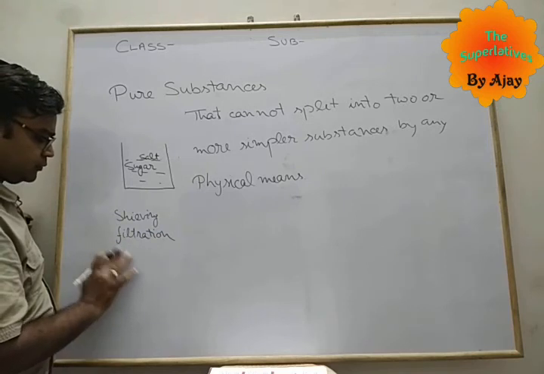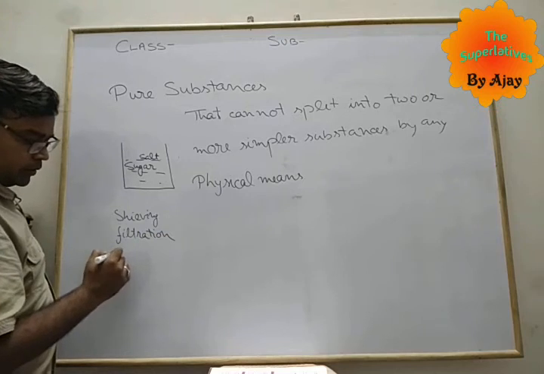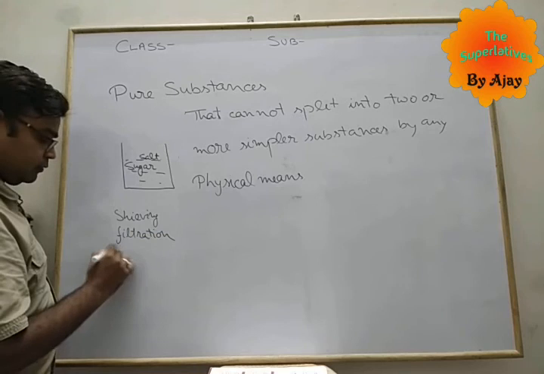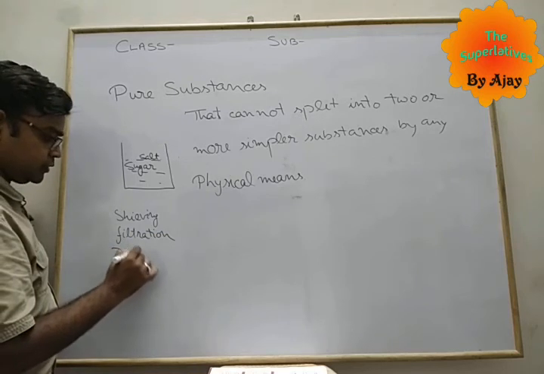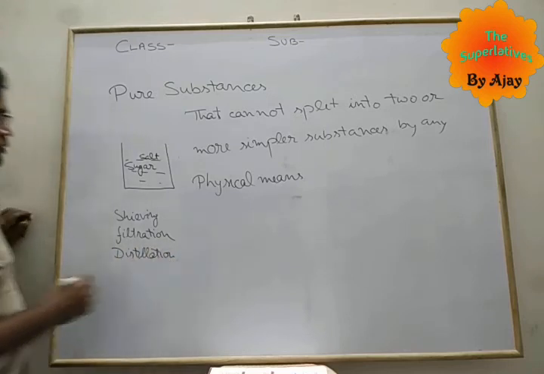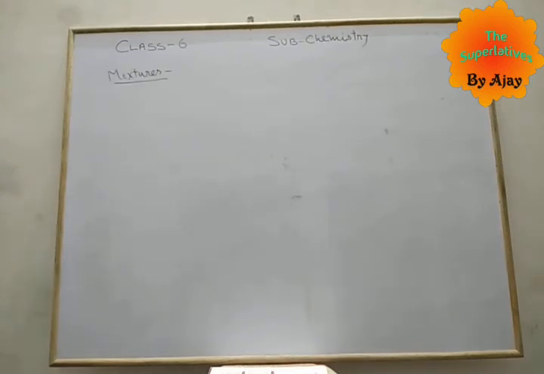Nowadays we are using filtered water, filtration, which is a physical process. Picking is another. One more word is distillation. We use distilled water, na? Distillation, all these things. So this is your concept of pure substance.